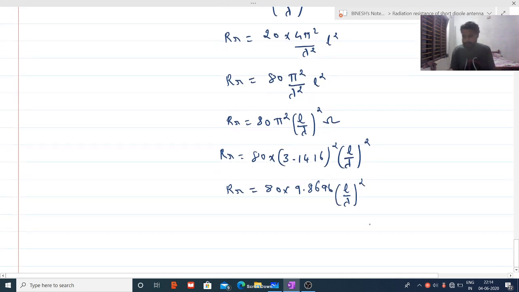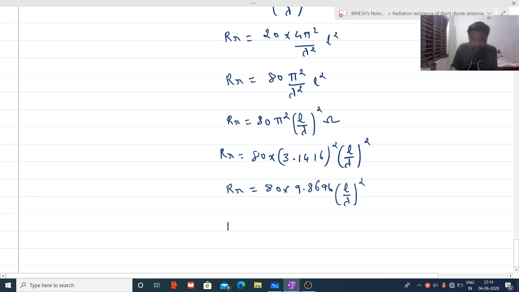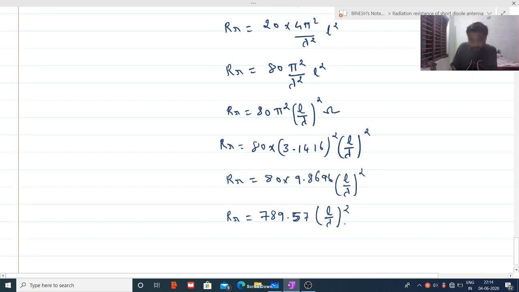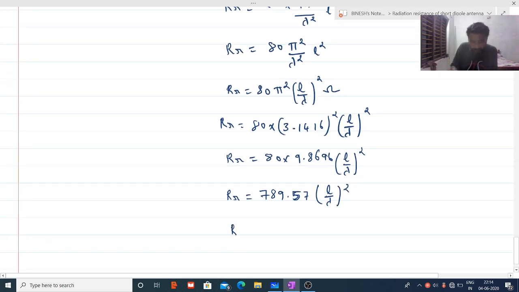Okay, so in general radiation resistance is nothing but 789.57 into L by lambda the whole square, or the radiation resistance of a short dipole normally can be nearly equal to 790 L by lambda the whole square.